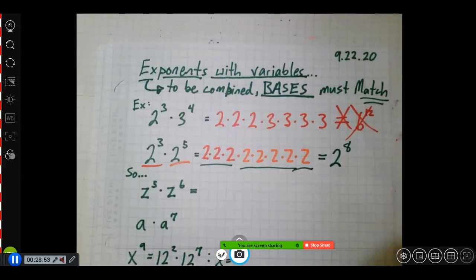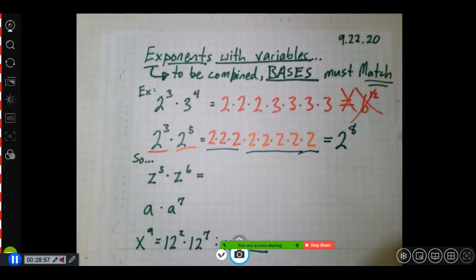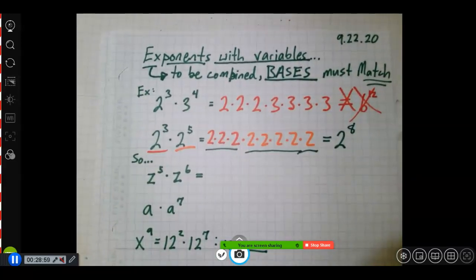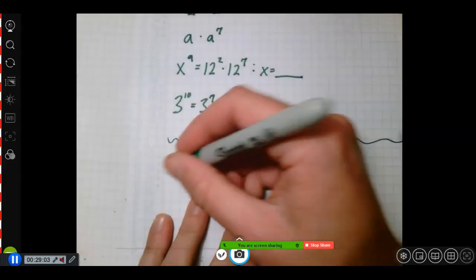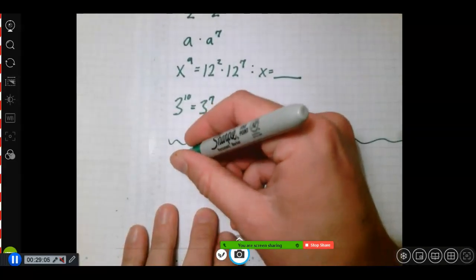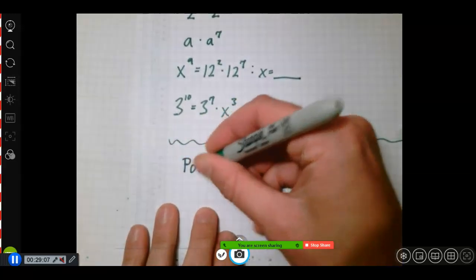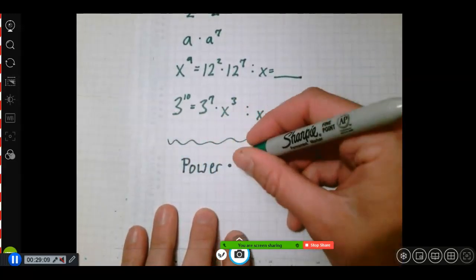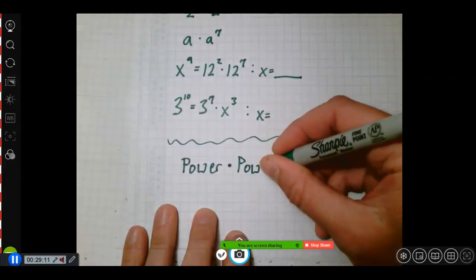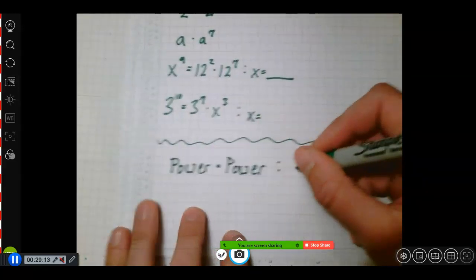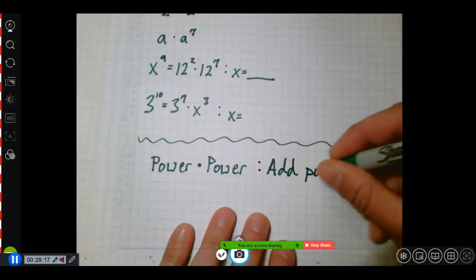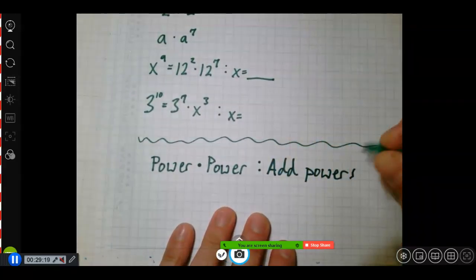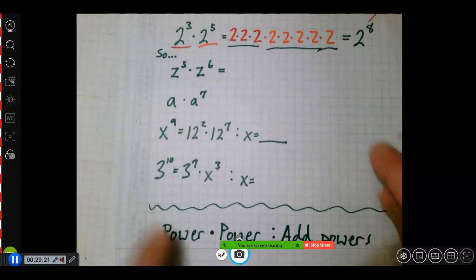Can anyone see what we did with the exponents? We added them. So here's the trick, the rule that we remember: a power times a power actually tells us to add the powers. We're going to do example problems to practice this.